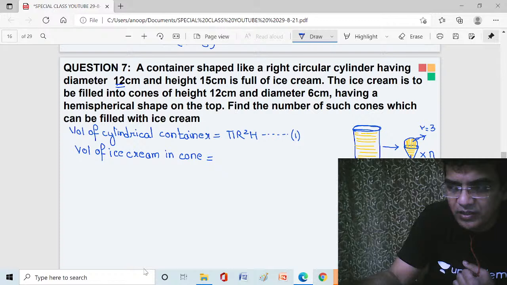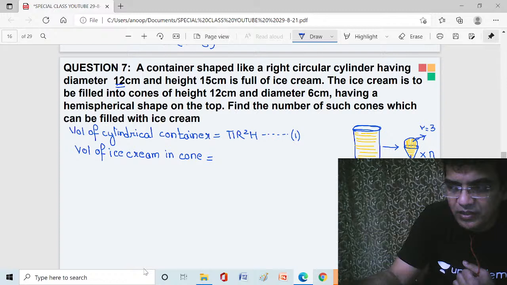So what you will do, you will multiply it by n. See, this is for one ice cream cone, right? You will multiply by n, like this, into n. Now, this will be your equation number 2.